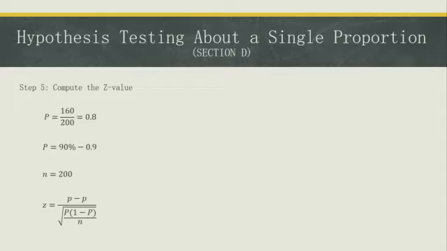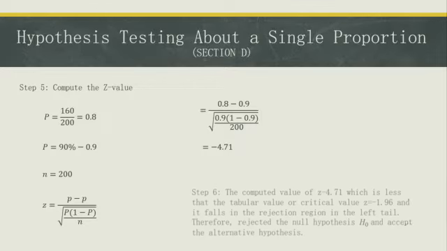The Z value, Z is equal to p minus P over the square root of P, the quantity of 1 minus P over n. So 0.8 minus 0.9 over square root of 0.9, the quantity of 1 minus 0.9 over 200. So equal to negative 4.71.